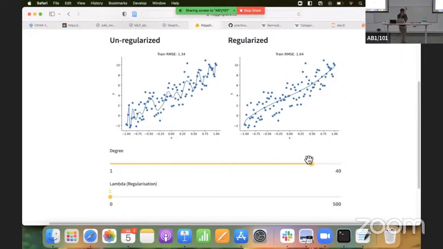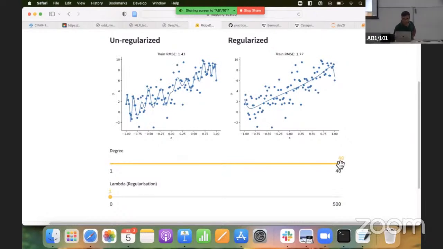So can you see that now in the left hand side plot, the RMSE on the training data set is reducing, right? Because you're trying to fit each and every data point very nicely. Let's take it to the last point that I have, 40, right? And now let's see if we increase the regularization.